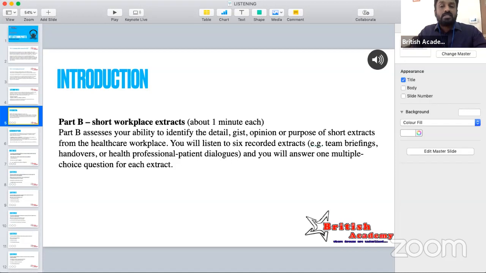You will listen to 6 different recorded extracts, which can be team briefings, a handover, or a health professional and patient dialogue, such as a nurse and a patient. From that conversation, you need to find the closest option for your given question. For each extract you will answer one multiple choice question, and each question will have 3 options.